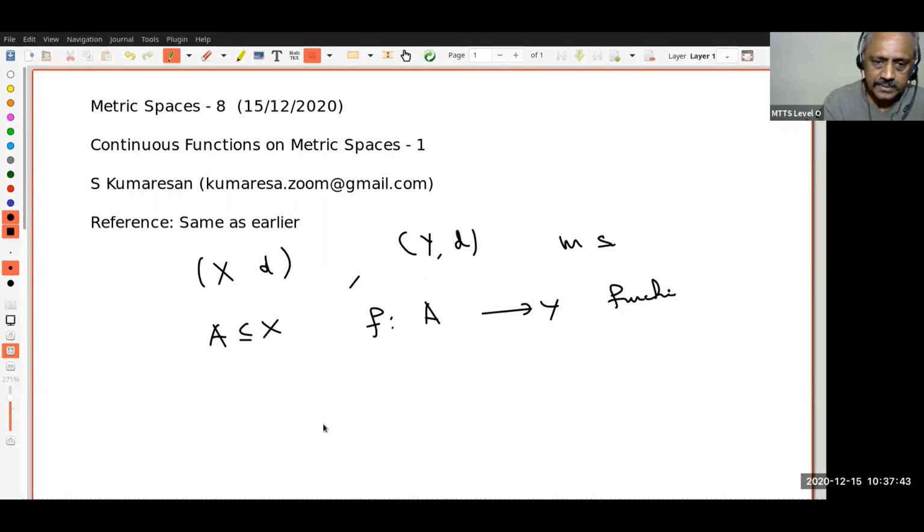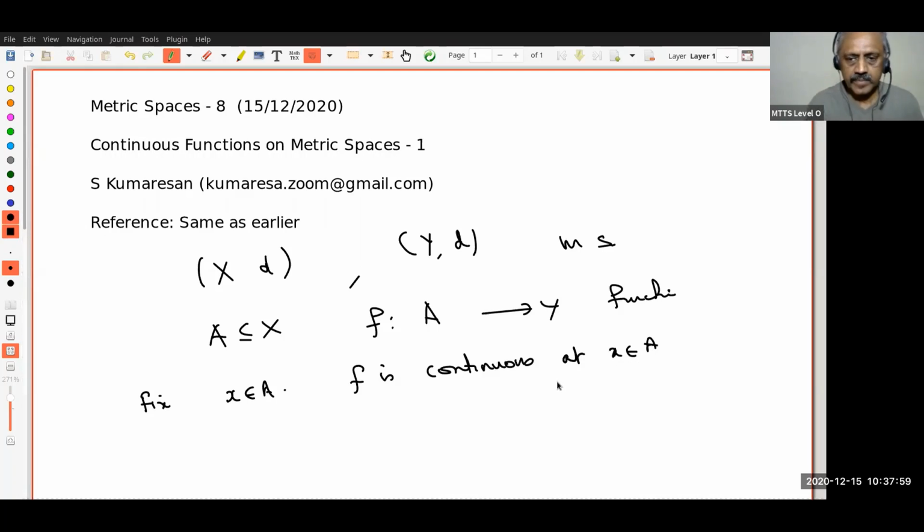Anyway, this is a function. And fix a point, call it x, in A. I want to define: f is continuous at x in A.